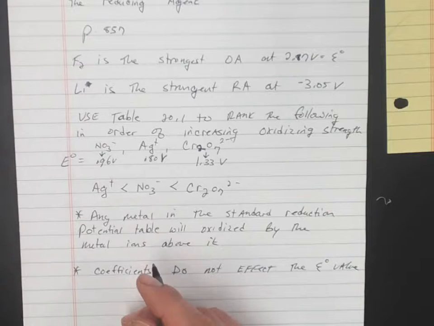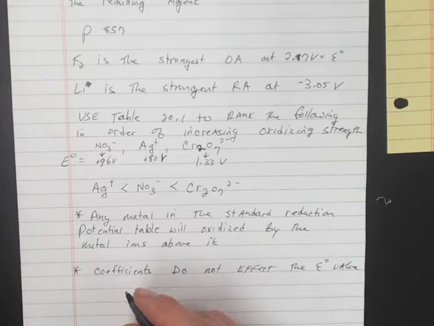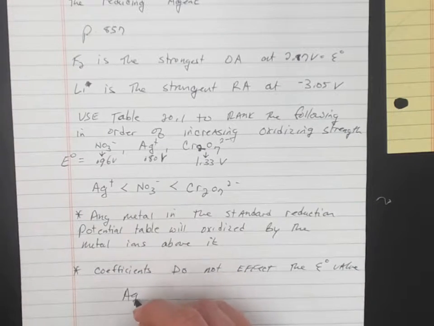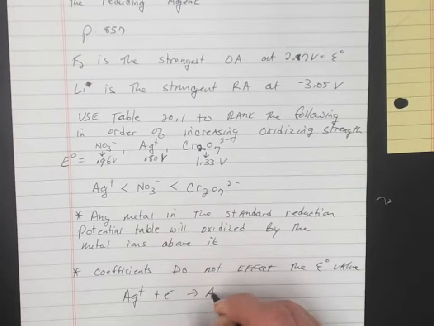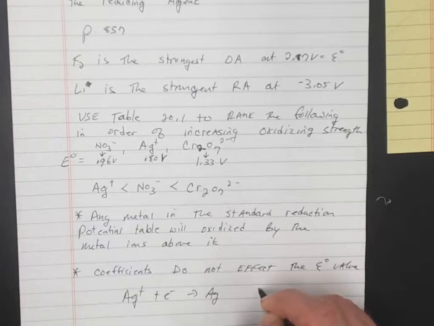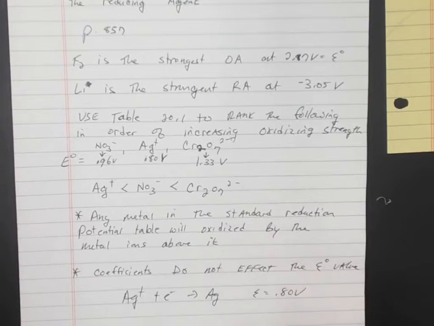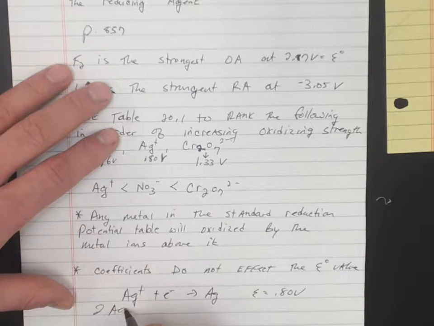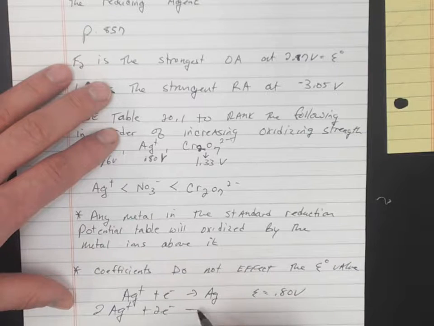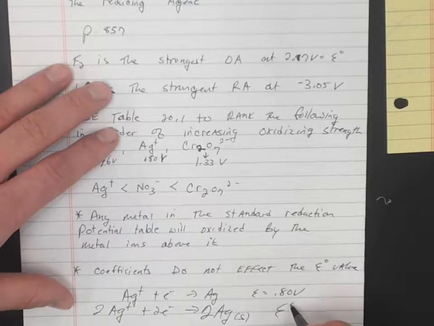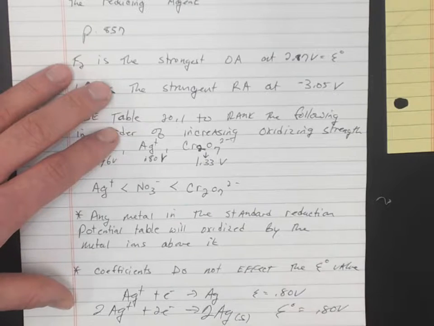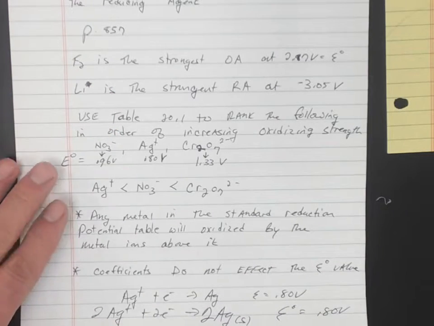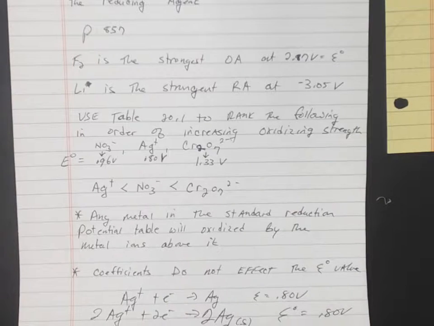So for silver, as an example here, if I just take a look, and we have Ag plus and an electron yielding Ag, and the E naught value is equal to 0.80 volts. If I multiply through by 2, I'm still going to get here an E naught value of 0.80 volts. Both of those have the same value, so we're unaffected here by a change in the coefficient.